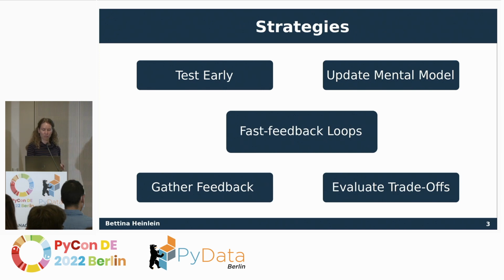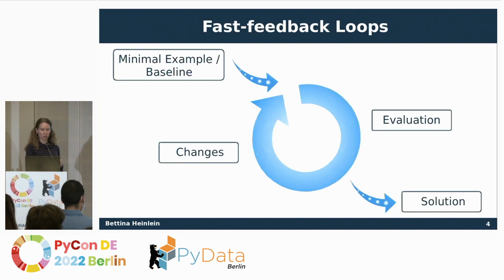And what I mean by fast feedback loops is we start with a first naive solution, let's say a minimal example, and this helps us to not overthink our problem, but rather get started soon, getting hands-on, and then use evaluation in the form of, for instance, applying our solution to data. In my case, these were images, and find the next steps to take, the next methods we should apply, because now we have a first feeling of the real problem.